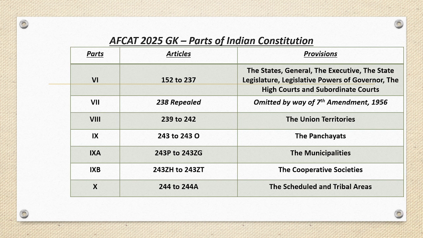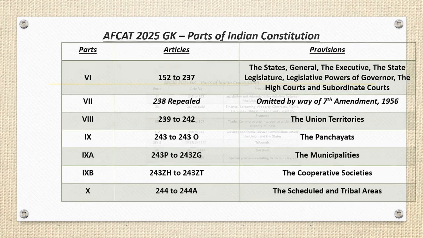And part 9 deals with the panchayats. Part 9A deals with the municipalities, while part 9B deals with the cooperative societies. And part 10 deals with scheduled and tribal areas.